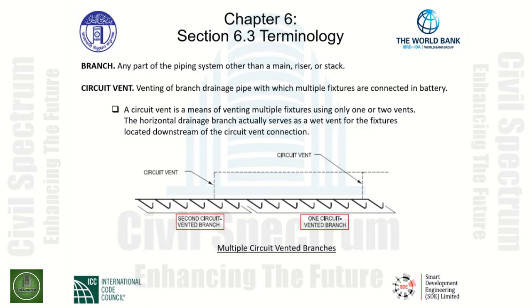In other words, we're adding 6 more water closets onto this battery. Again, between the first water closet on the second circuit and the next one downstream, we have another circuit vent that rises vertically. This is a multiple circuit vented branch.